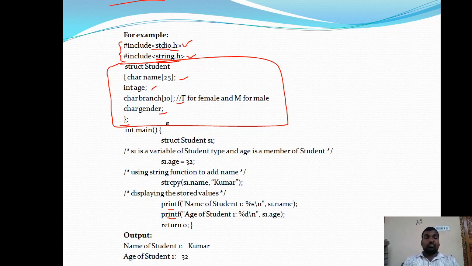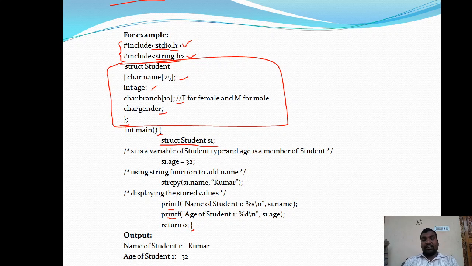Now into main. Here is the opening of the main function, and this is the closing of my main function. Now I am trying to declare a structure variable s1, which is a variable of student type.